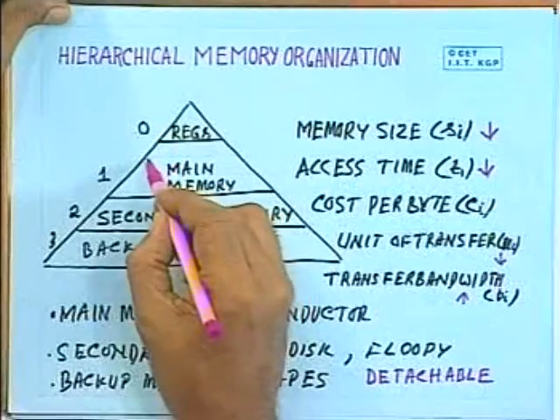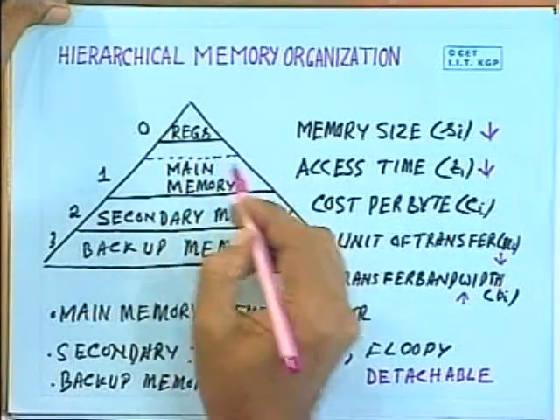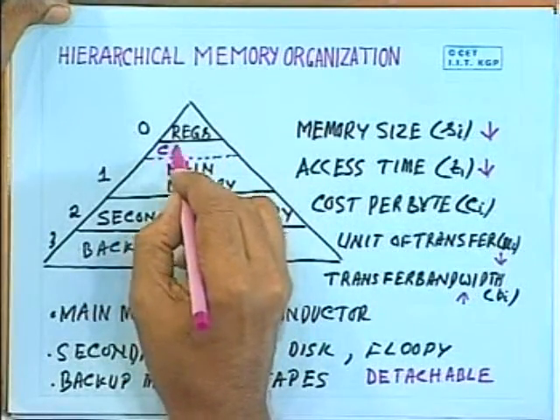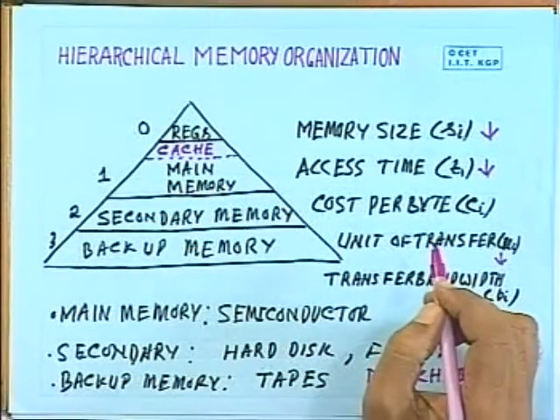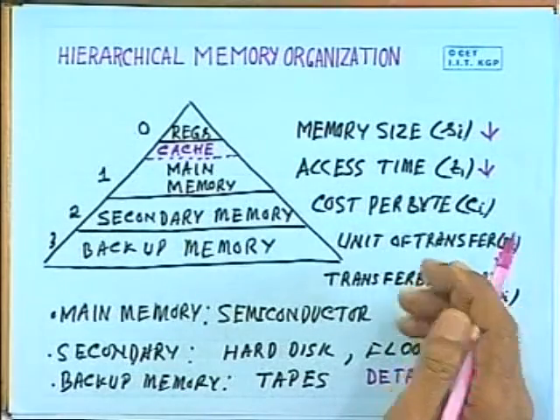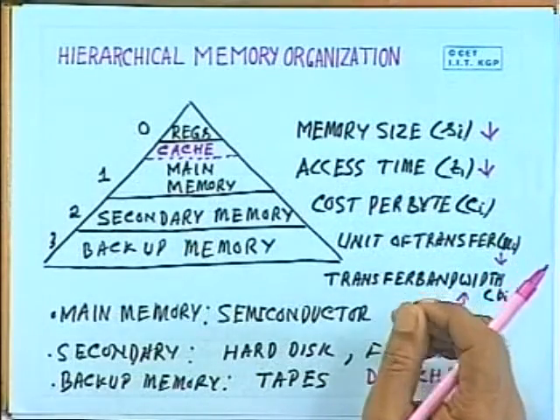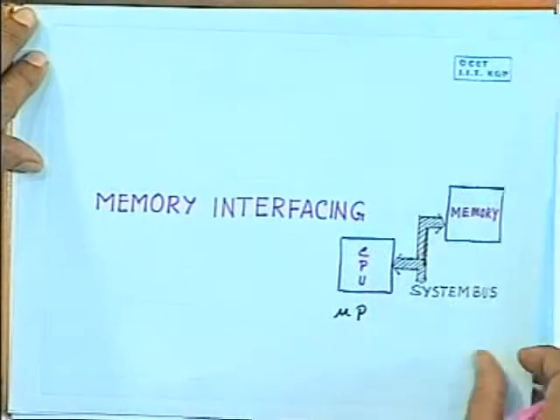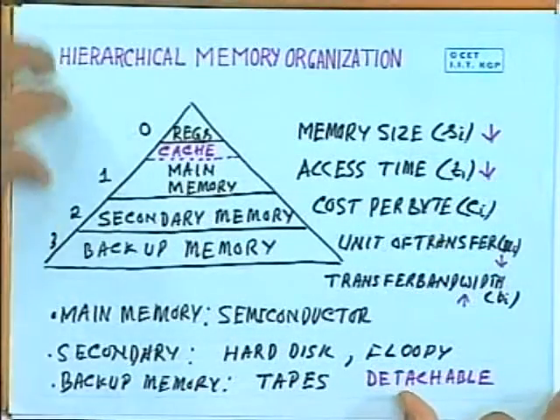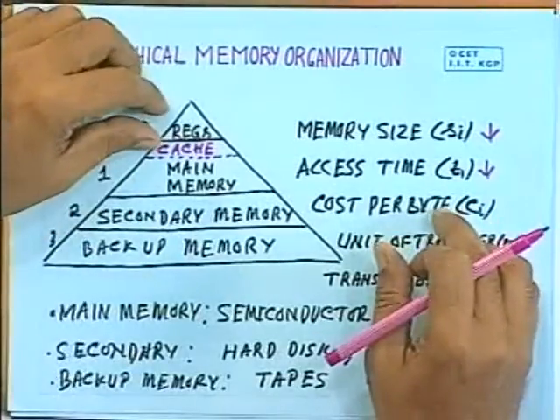To bridge the gap, another level of memory is used, which is known as cache memory, particularly in high performance computers, or nowadays even in your Pentium processors, these are available. And the cache is also present as part of the CPU. So you can see this is how the hierarchical memory organization is done. But in today's lecture, our primary focus is on main memory.